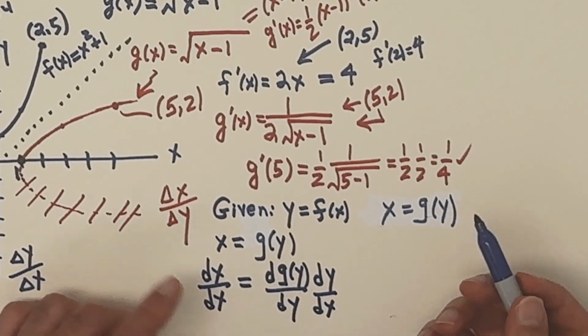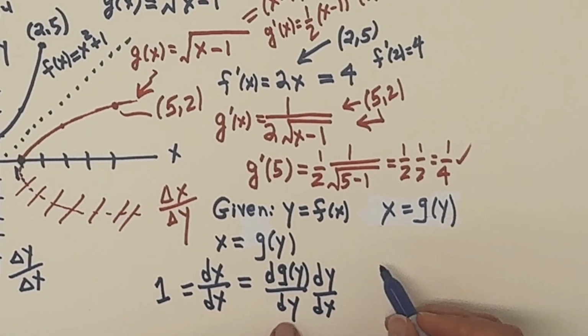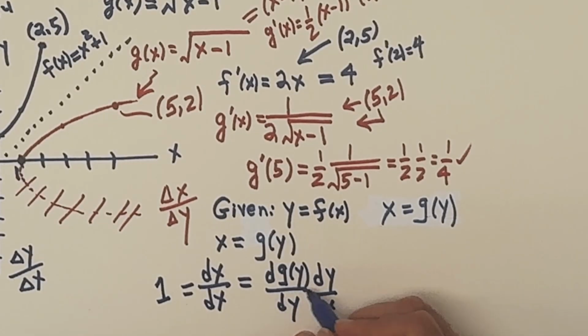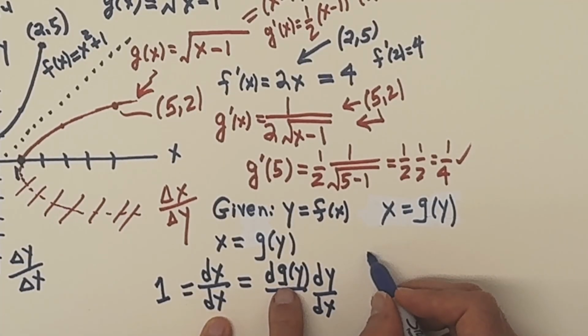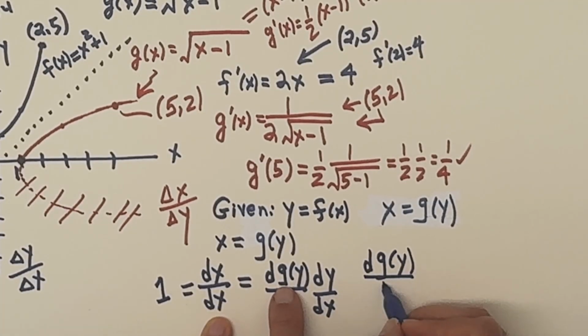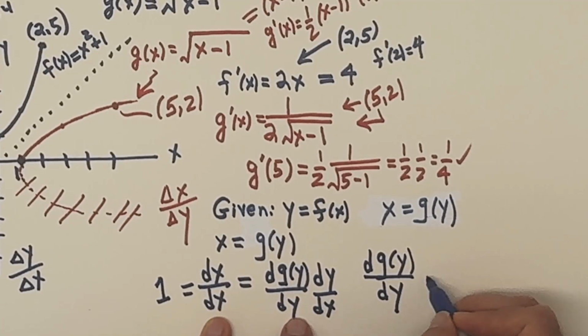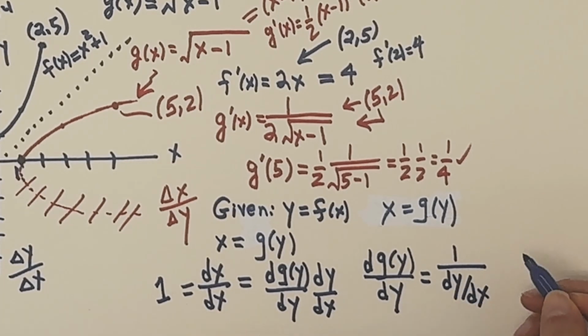All right. This is going to be 1. And look at this trick. This is going to show me that the derivative of the inverse function is equal to 1 over the derivative of the function I started with.